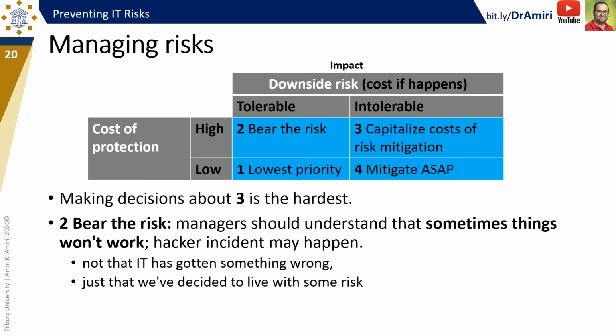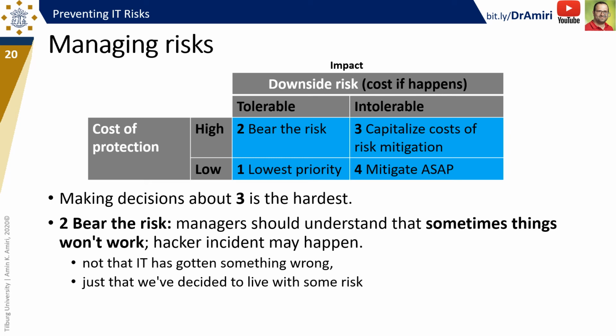You cannot be sure if it's worth it to make that high investment just to avoid that intolerable risk. This is a kind of trade-off that the business managers, the top executive, the CEO, needs to make. He needs to do the trade-off between the cost and benefit of that investment.